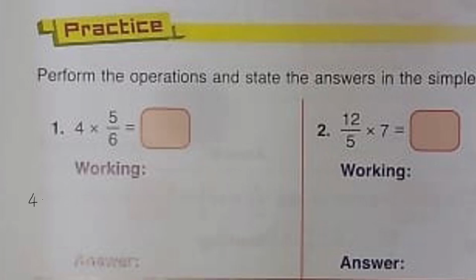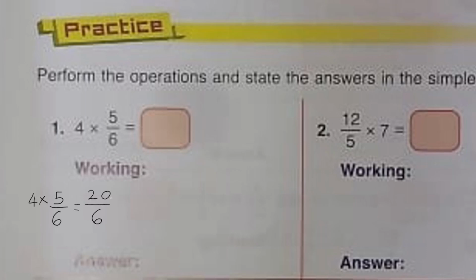Okay, so what we need to do now is 4 times 5 over 6. Okay, so remember we don't multiply the 6 at the bottom here. Okay, we just multiply at the top. Okay, so that equals 20 over 6.